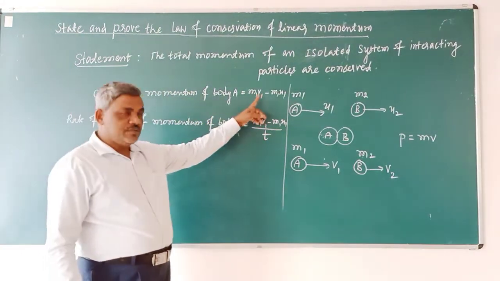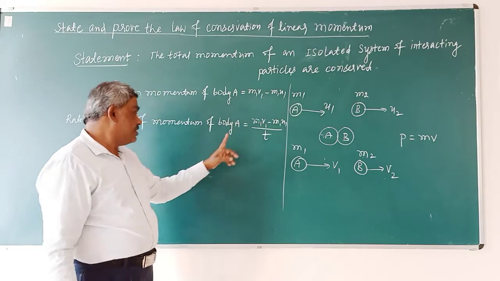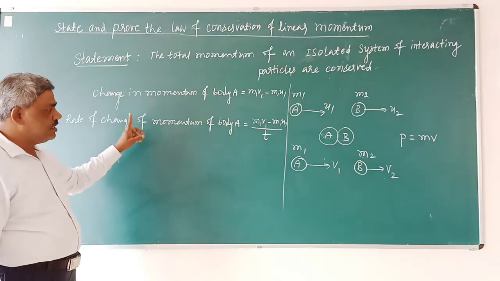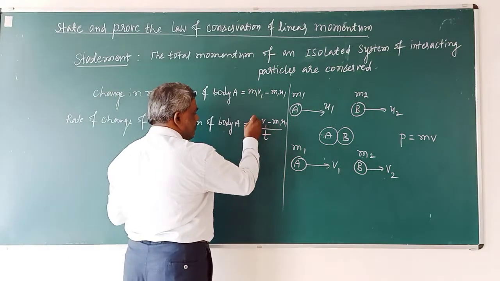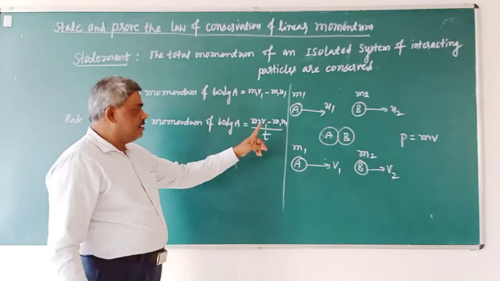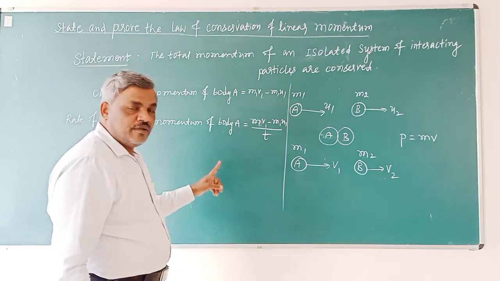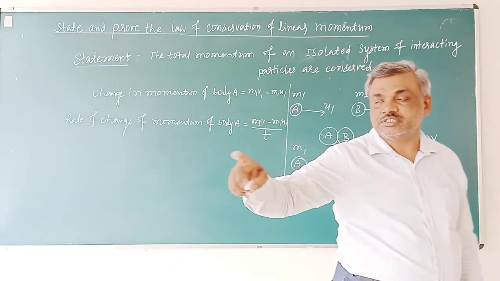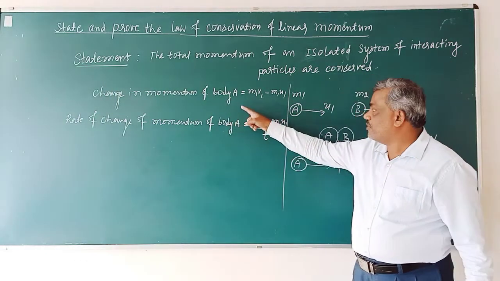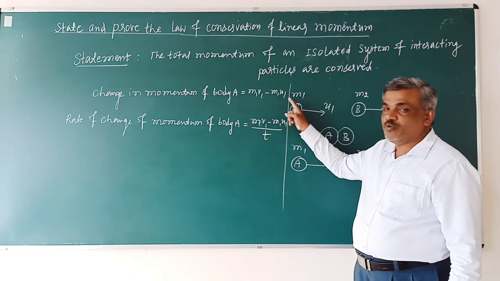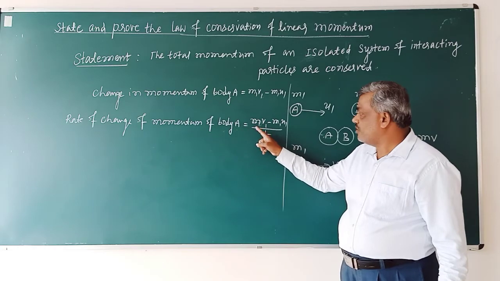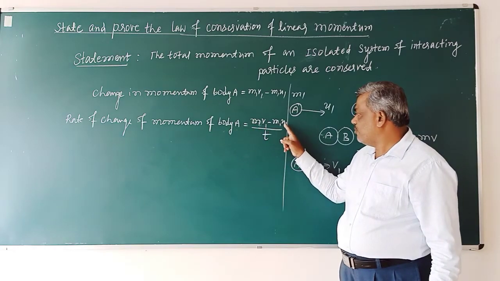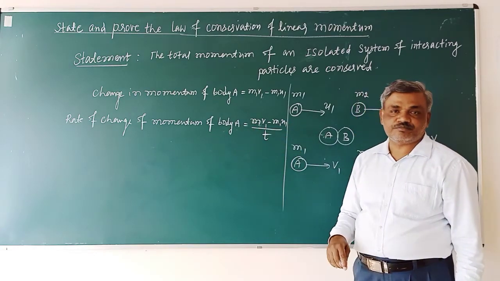Observe, students: the change in momentum of the body equals m1 v1 minus m1 u1, and the rate of change of momentum of body A equals m1 v1 minus m1 u1 by t.